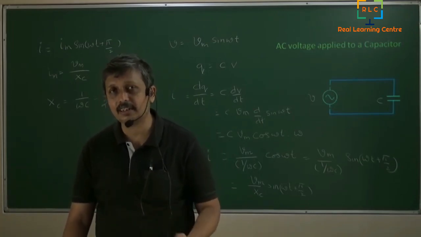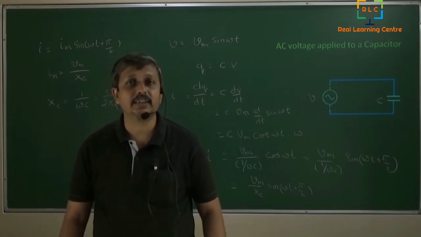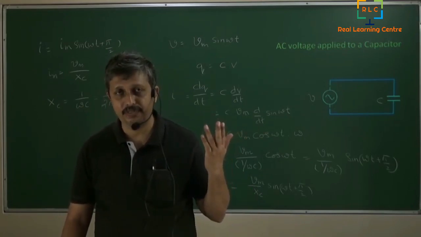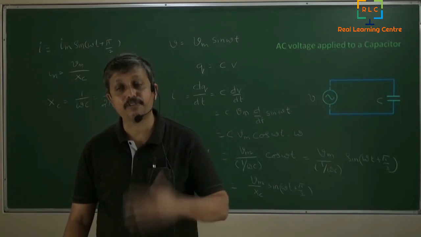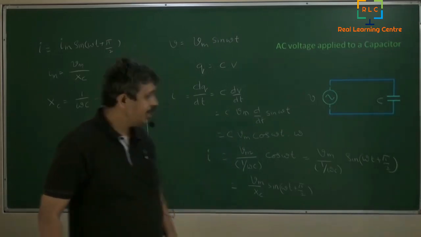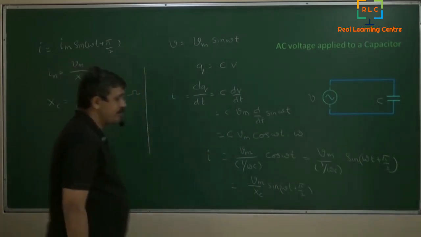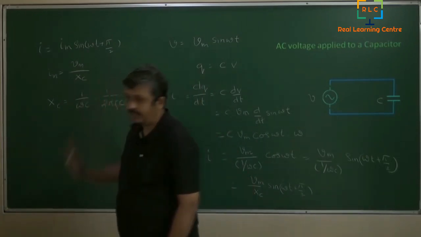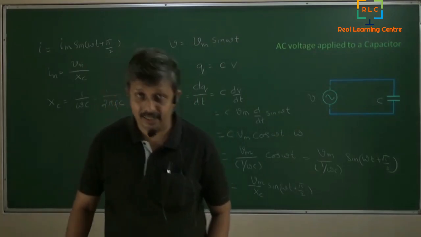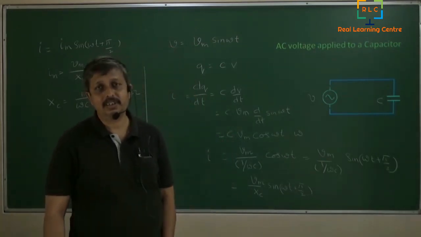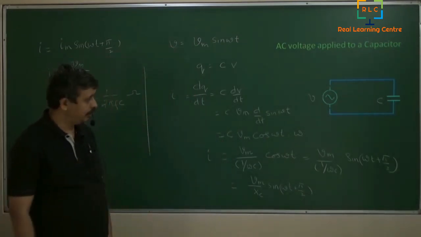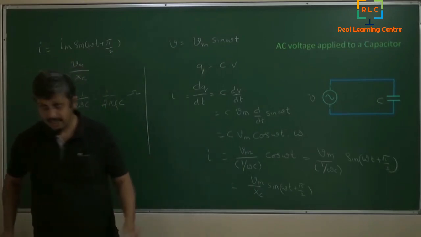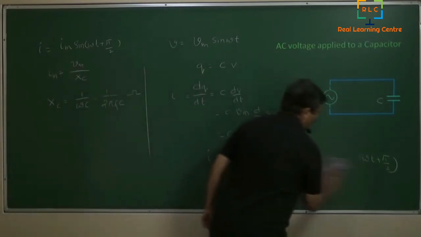Whereas an inductor doesn't like change. Whenever there is a change, it opposes more. So inductive reactance is different from capacitive reactance. Capacitive reactance is 1 by omega C, inductive reactance is just omega L. Both have the unit ohms. Let's now look at how it looks in a phasor diagram.